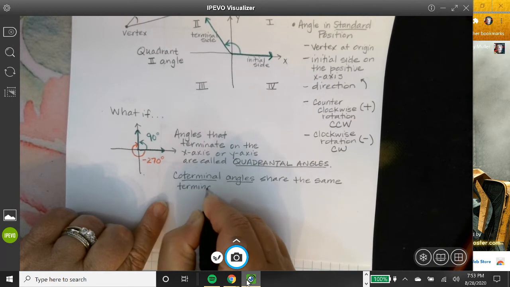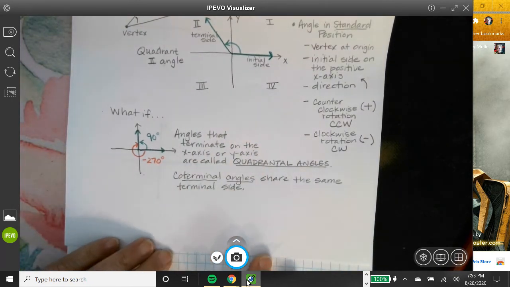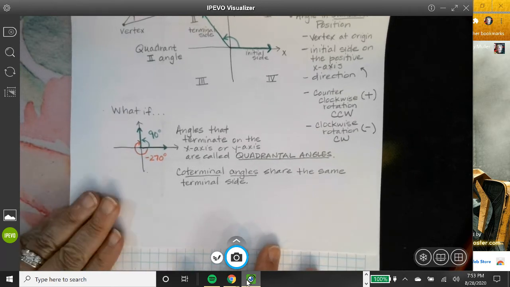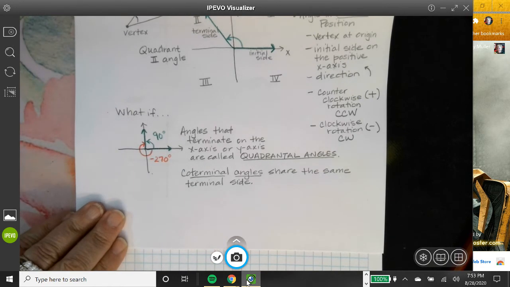So a lot of vocabulary here, but you know what? We'll use these so often that you'll get more and more familiar with them. Okay. So we've got quadrantal angles. We have coterminal angles. Now, what happens?